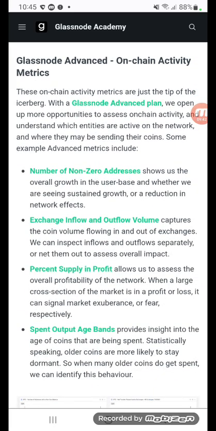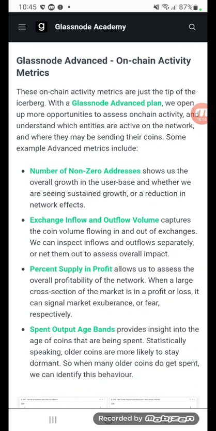Glassnode advanced on-chain activity metrics. These on-chain activity metrics are just the tip of the iceberg. With a Glassnode advanced plan, we open up more opportunities to assess on-chain activity and understand which entities are active on the network, and where they may be sending their coins.